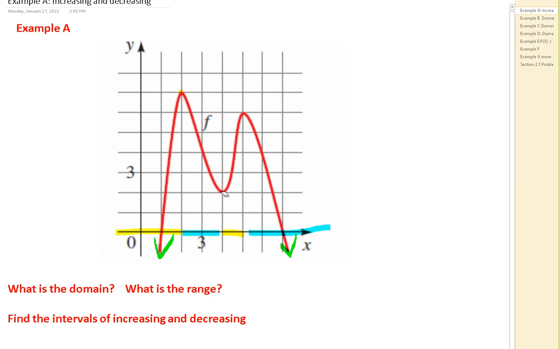So this point right here, right at where x equals 4, it's kind of a minimum point, right? It's lower than anything near it, but it's not the lowest that the graph gets at all together, right? So this is what's called a local min. So I'll label that as a local min, aka local minimum.